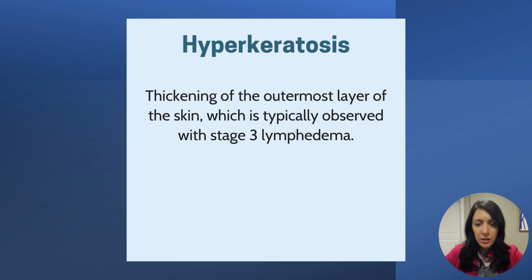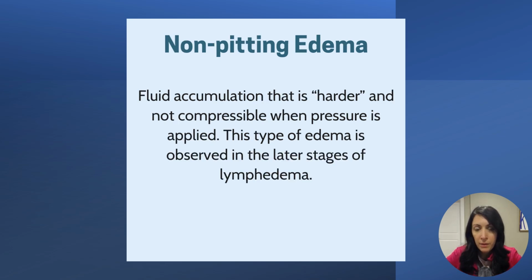Now, hyperkeratosis is thickening of the outermost layer of the skin, typically observed with stage 3 lymphedema. I already mentioned non-pitting, but non-pitting edema is fluid accumulation that is harder and not compressible. When you apply pressure, it feels hard. And this type of edema is observed in the later stages of lymphedema.